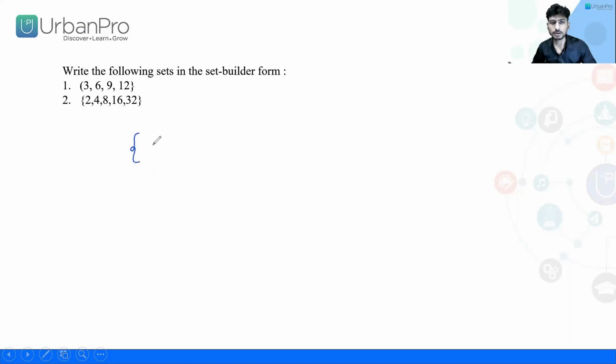Okay, so I'm just writing each element is of the form x such that x is of the form 3n, where n belongs to natural number and n is less than 5. You can use this symbol, also you can use this symbol. Okay, both of the meanings are such that. 3 times 4 is 12, right? So like this.